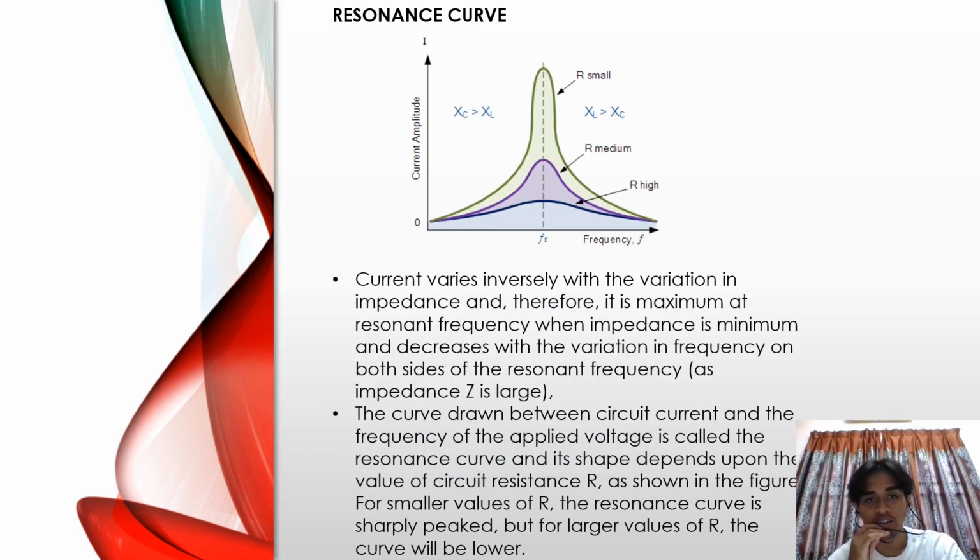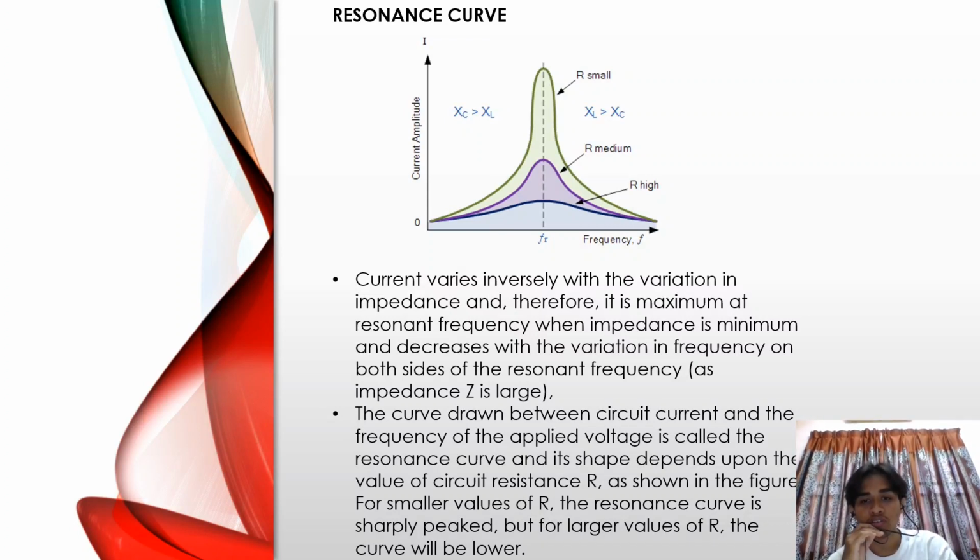What is the resonant curve? Current varies inversely with the variation in impedance and therefore it is maximum at resonant frequency when impedance is minimum, and decreases with the variation in frequency on both sides of the resonant frequency.